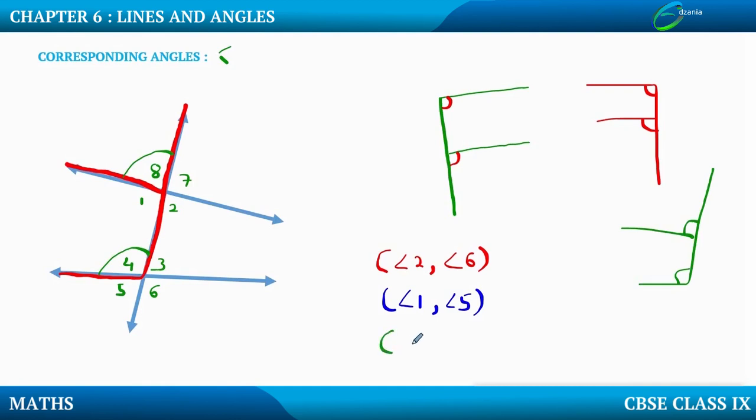That means angle 4 and angle 8 are corresponding angles. And finally, inverted F towards the right side. This angle 7 over here and this angle 3 over here also form a pair of corresponding angles. So angle 7 and angle 3 are also corresponding angles. We got four pairs of corresponding angles. So four pairs of corresponding angles means a total of 8 angles.